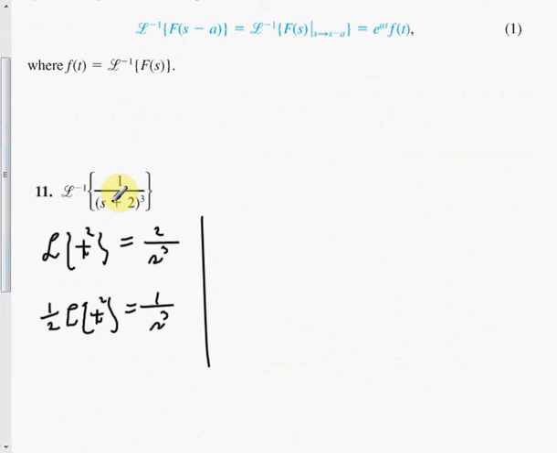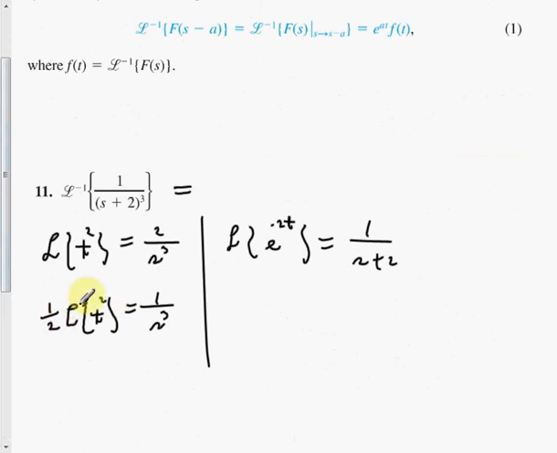Now I also see this 1 over s plus 2. So I know the Laplace transform of e to the negative 2t gives me 1 over s plus 2. Put them both together, and what we have here is e to the negative 2t times 1/2 times t squared. That becomes our answer.